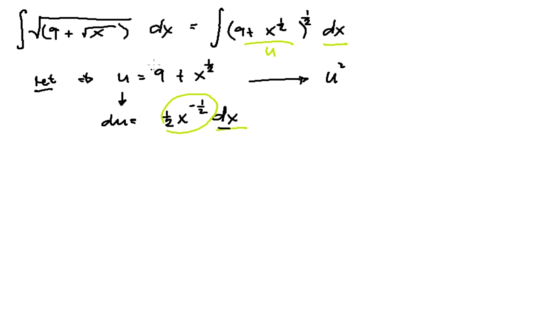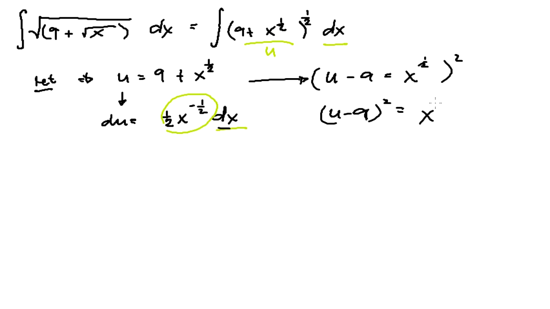So let's first move our constant to the other side. So we have u minus 9 is equal to x raised to 1/2. Then let us square all this term. So we have u minus 9 squared is equal to x, right?